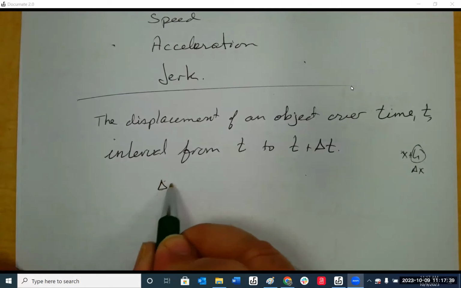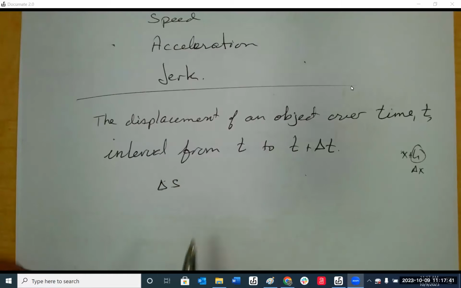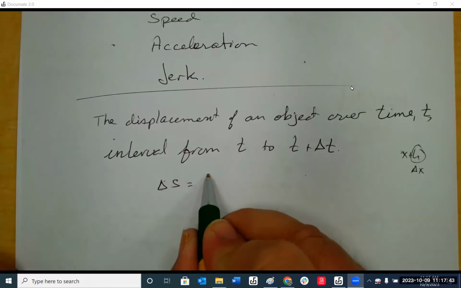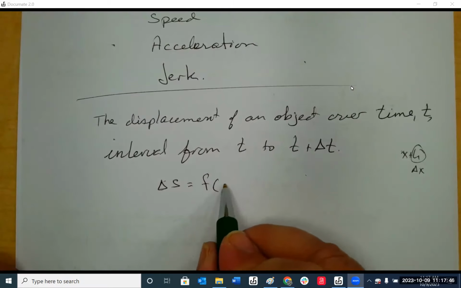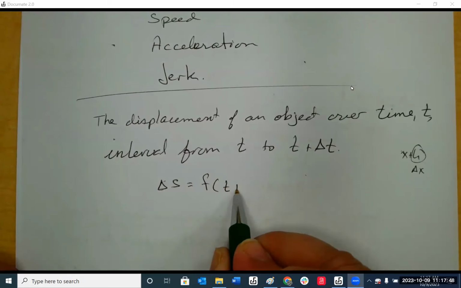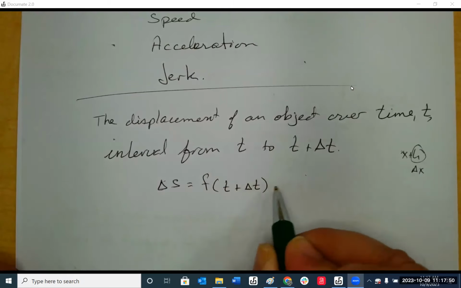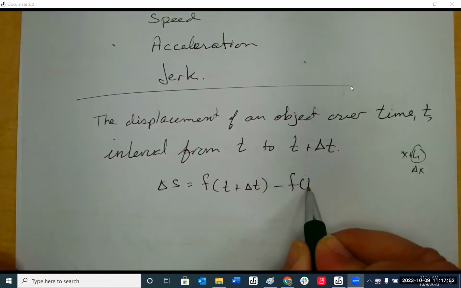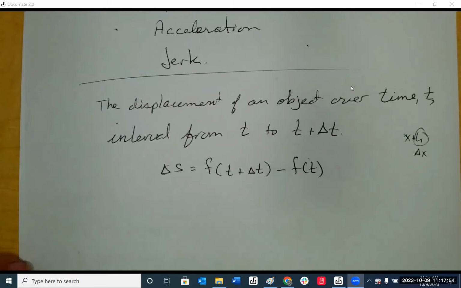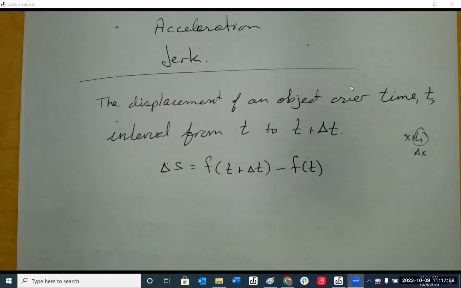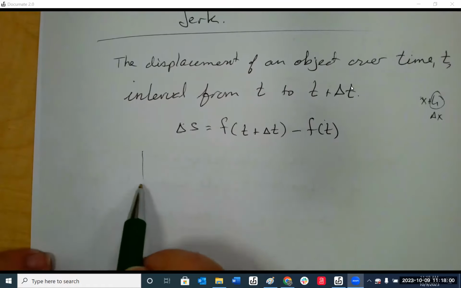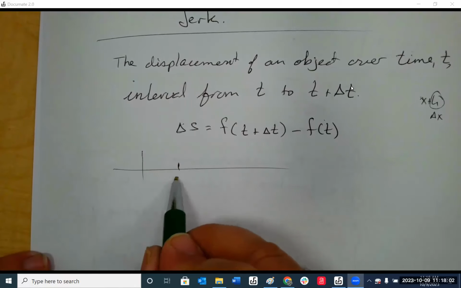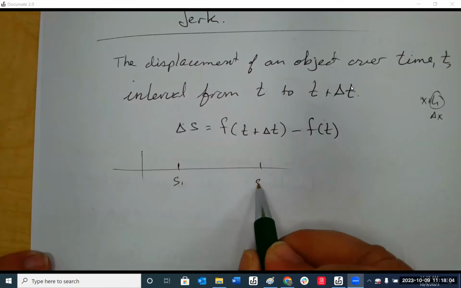Where the change of our displacement is f of t plus delta t minus f of t. So it's the difference of our two positions.